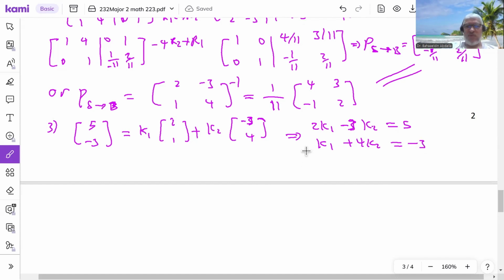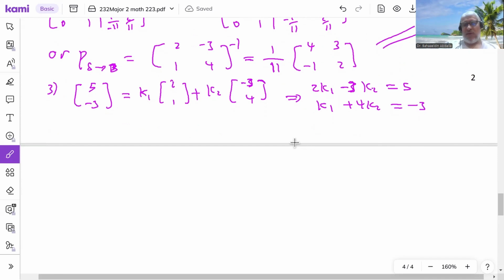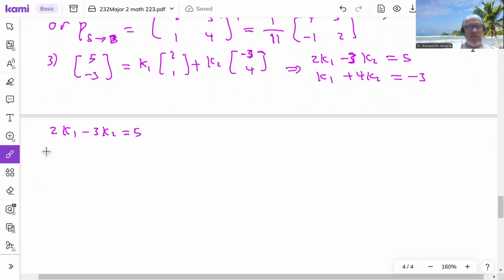This is a system. Solve the system by any method you like. For example, I will solve it by elimination. I will multiply the second equation by negative 2. So negative 2K1, negative 8K2 equals 6.